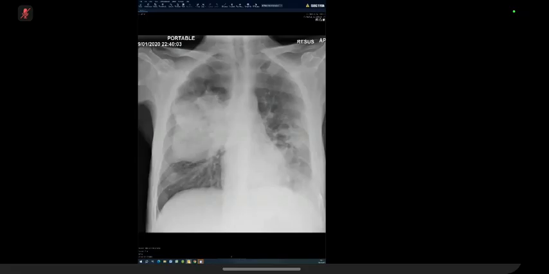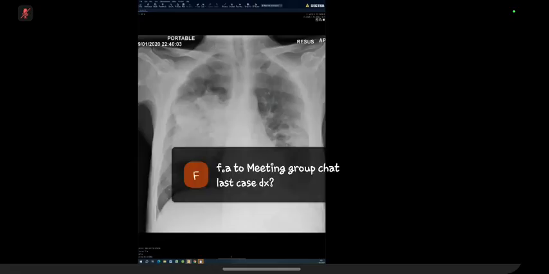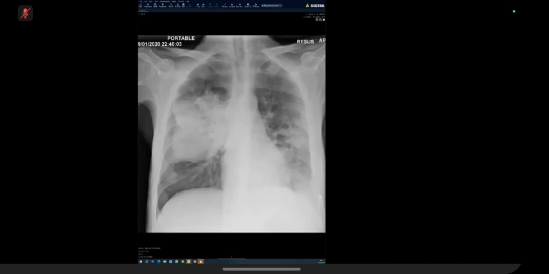The differential diagnosis of such distribution and appearance can include airspace disease. One possibility may be pulmonary edema. However, the typical appearance isn't presented here. This can be multifocal pneumonic changes.